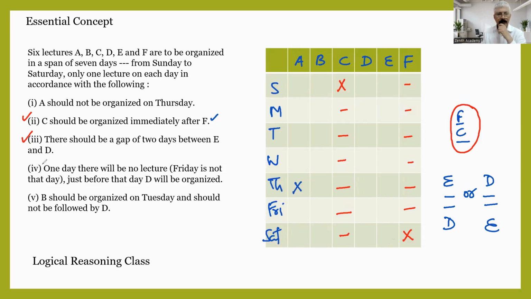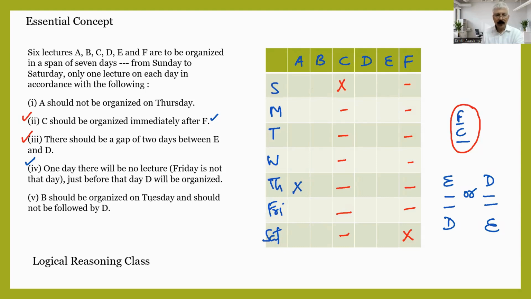Okay. Now take this point number 4. One day there will be no lecture. Friday is not that day. So out of 7 days, one day there is no lecture and the rest 6 lectures are to be organized on the remaining 6 days. Just before that day, D will be organized.